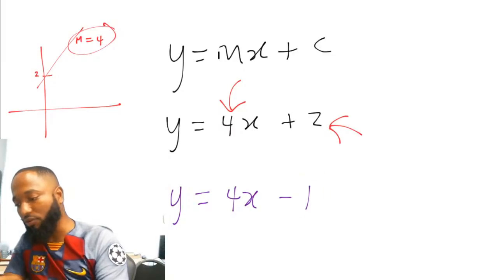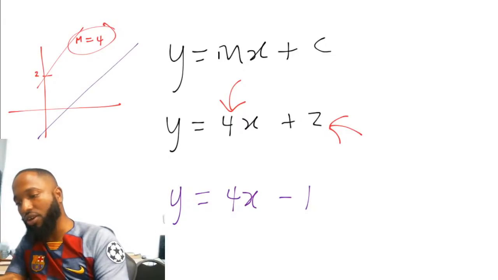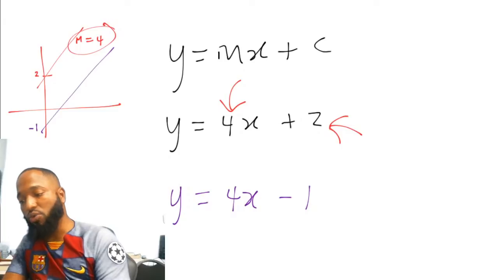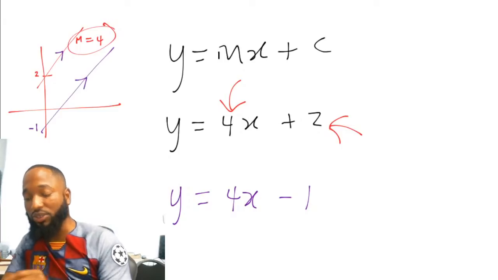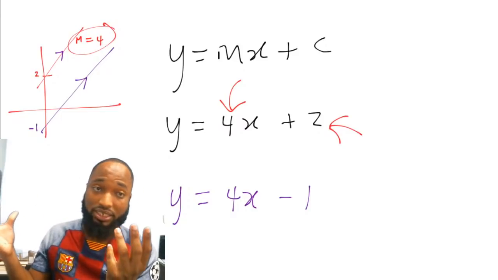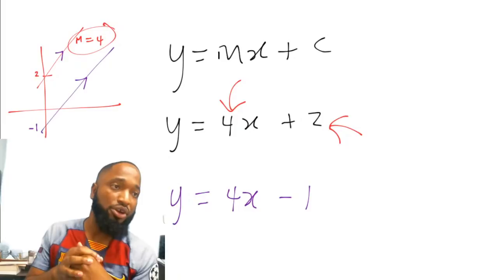It will cut at negative 1, down here. Let me put this line in purple. So negative 1, not looking parallelish. What are we saying here? We're saying that if lines have the same gradients, they are parallel. Same gradient, parallel.